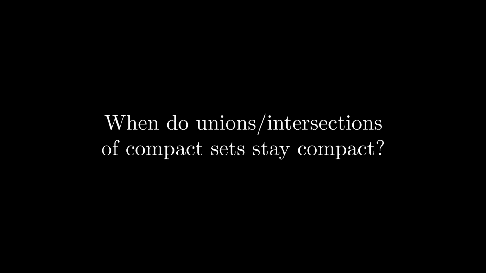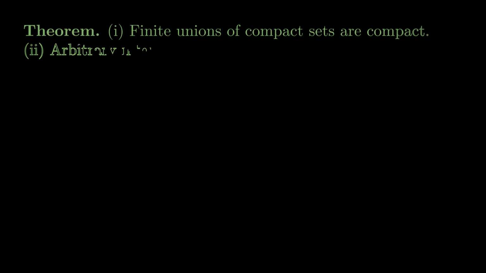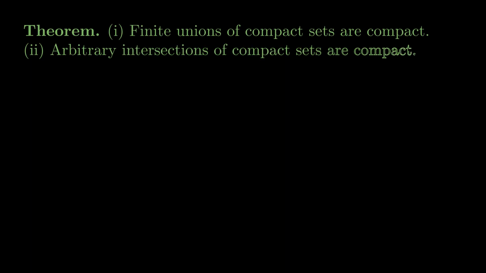The result ends up being the same as it was for closed sets: finite unions of compact sets are compact, and arbitrary intersections of compact sets are compact. To prove each of these parts, we just need to show that the property of being bounded is preserved, because we've already shown that the property of being closed is preserved under finite unions or arbitrary intersections.